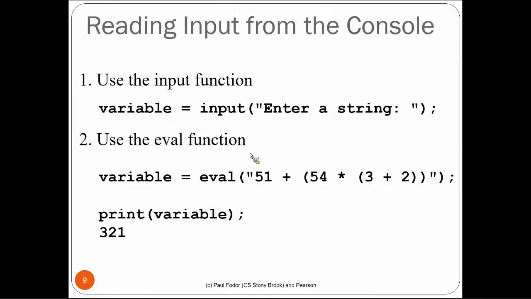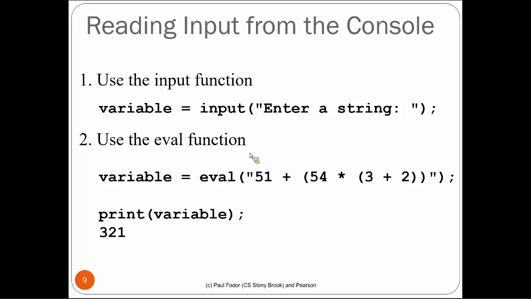So let's continue. What about reading inputs from the console? You can do it with the function input. So for instance, you can prompt the user to enter a string, and the user will enter that specific string, and you can read it into a variable by just assigning the value of the input function to the variable. If you want to evaluate a mathematical expression like 51 plus 54 multiplied with 3 plus 2, you can call the function eval.